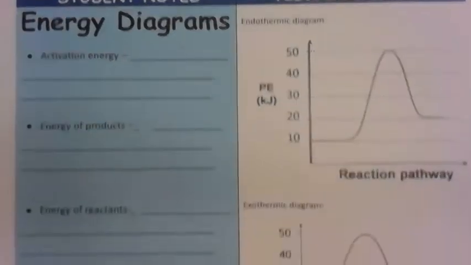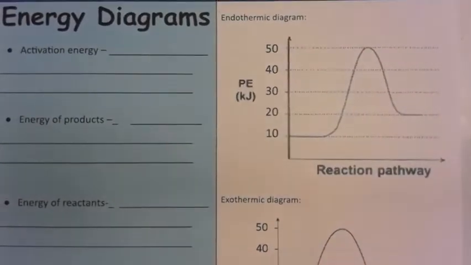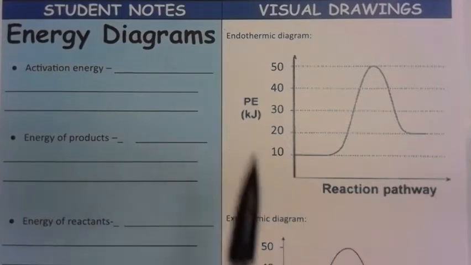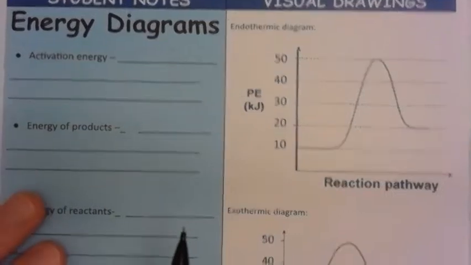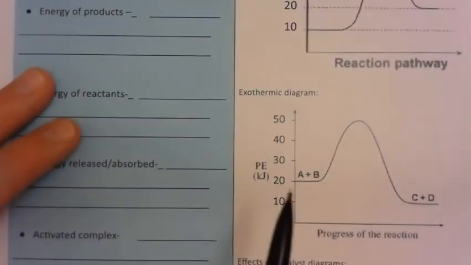So there's a couple of terms down the left side of this notes page that we're going to identify, and then we're going to figure out where those line up on this particular type of graph, which we refer to as an energy diagram. And so we've got two different examples. We've got an endothermic diagram and an exothermic diagram.